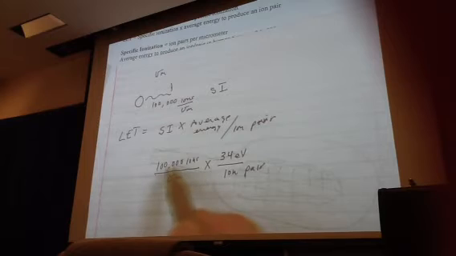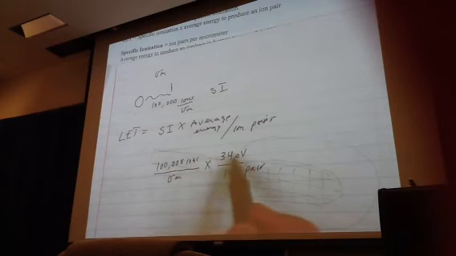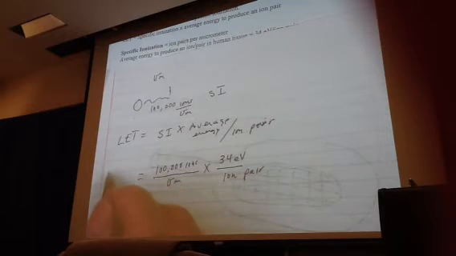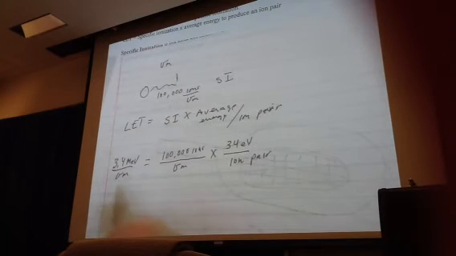So 100,000 times 34 electron volts means that we deposited 3.4 MeV per micrometer. So this is what the LET would be.